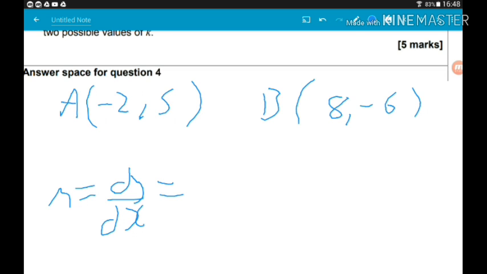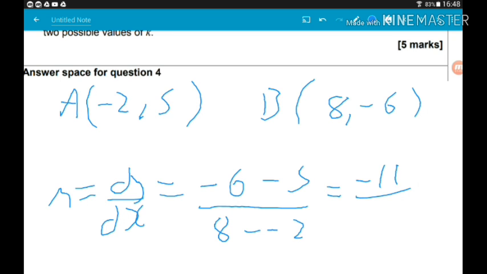So I'm going to do -6 minus 5, over 8 minus -2. That gives me -11 over 10. So the gradient on my line is -11 tenths.